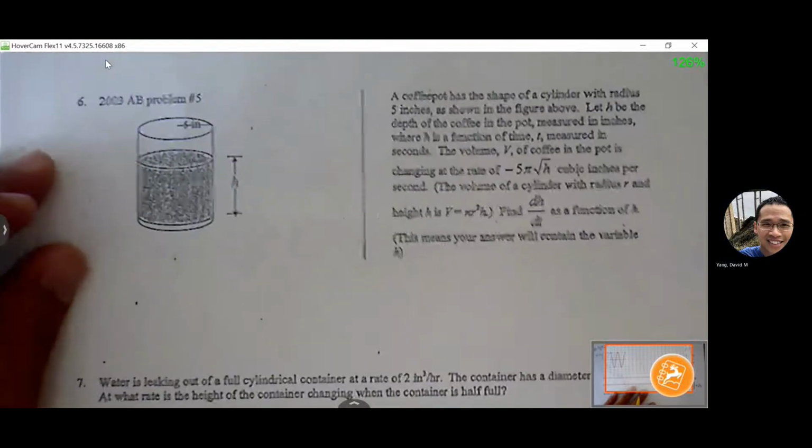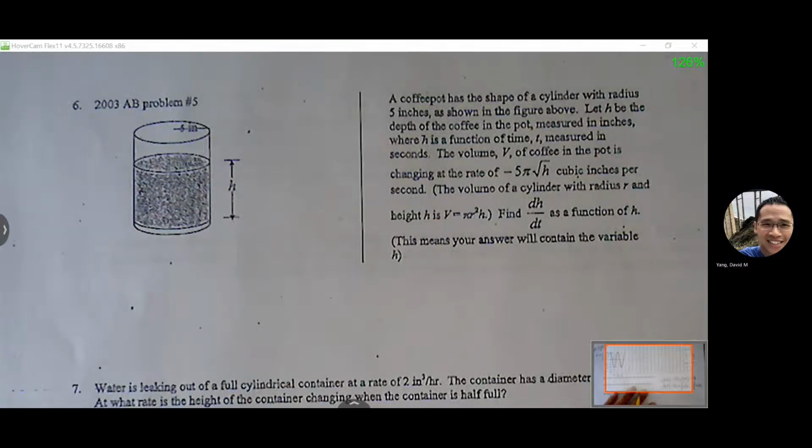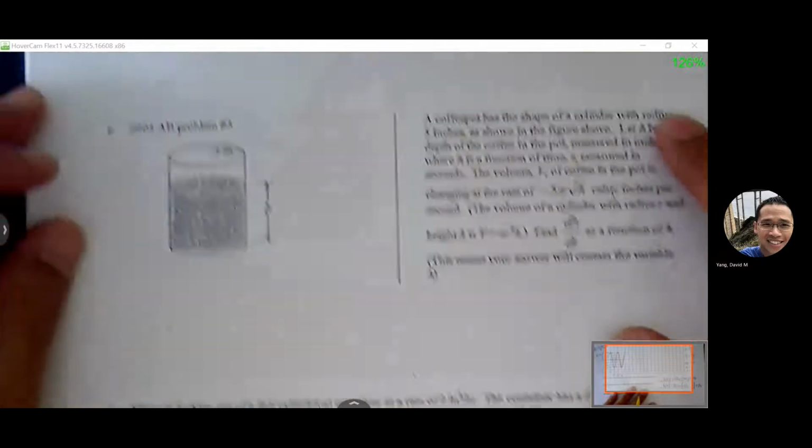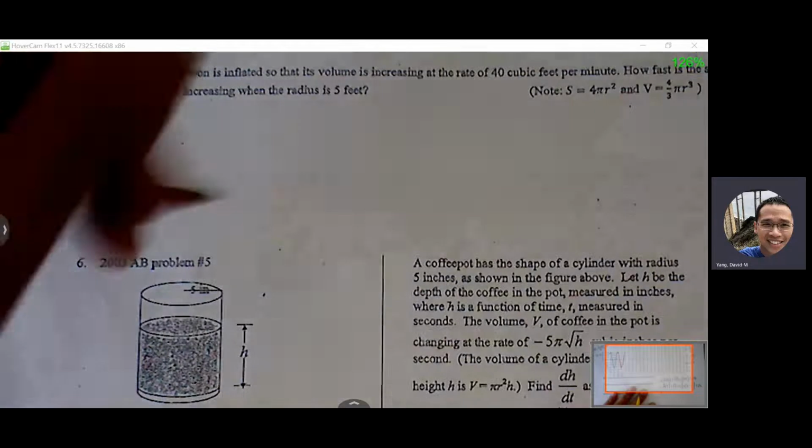And that is dealing with cylinders. We haven't talked about cylinders yet, so let's take some time doing that. We're going to use this space for number 5 to go through some things here.